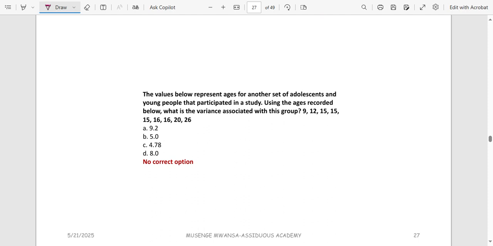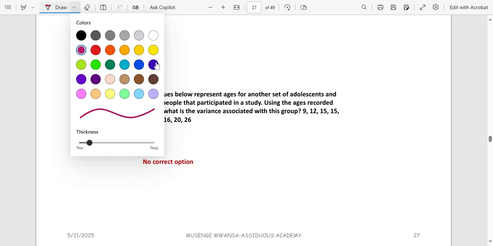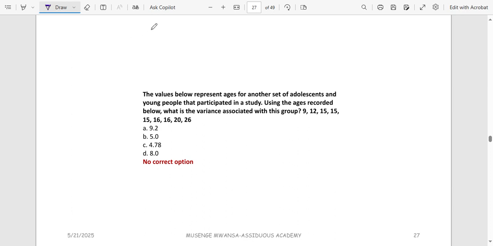The values below represent ages for another set of adolescents and young people that participated in a study. Using the ages recorded below, what is the variance associated with the group 9, 12, 15, 15, 15, 16, 16, 20, 26? Now, for you to find the variance, the first thing that you have to calculate is the mean. So let's find the mean.